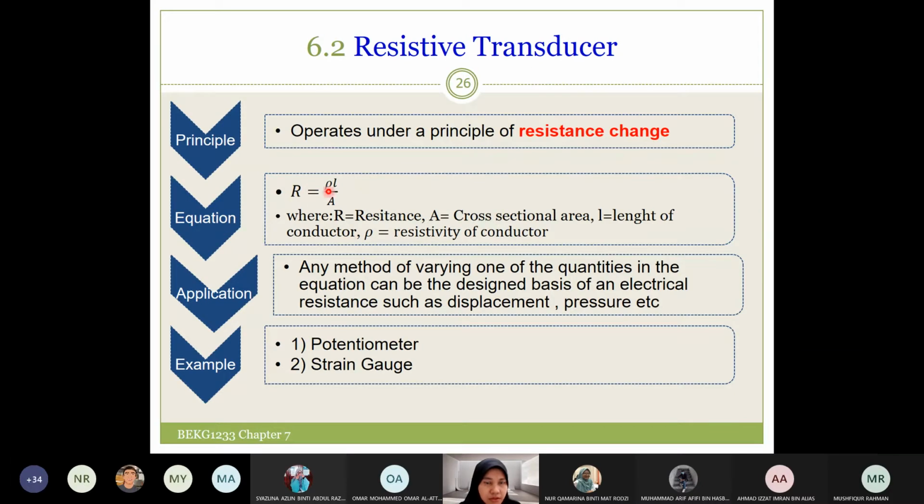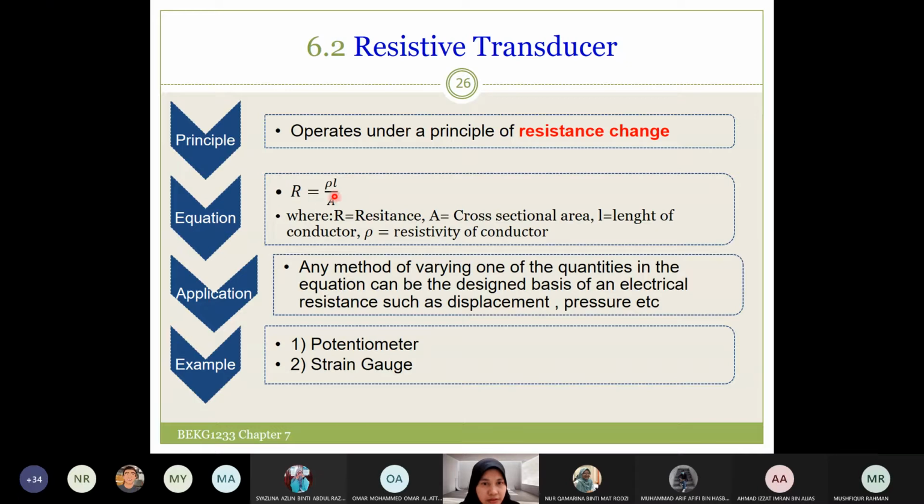This is the general equation. R is equal to rho L over A. R is resistance, rho is resistivity of conductor, L is length, A is cross-sectional area. So if the length of the conductor is larger, the resistance will be higher.